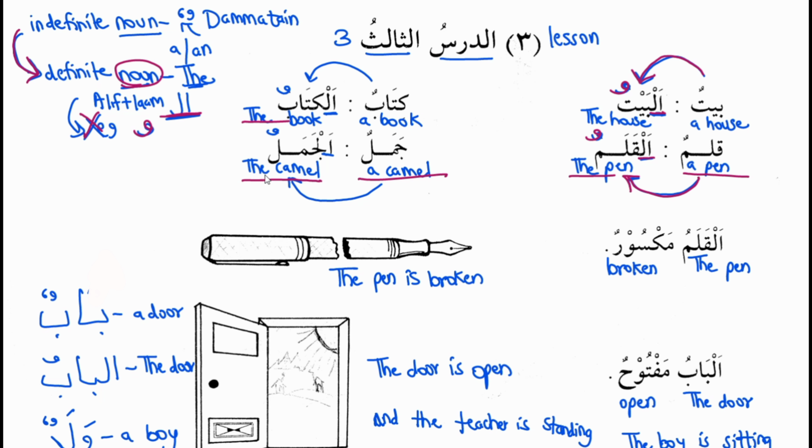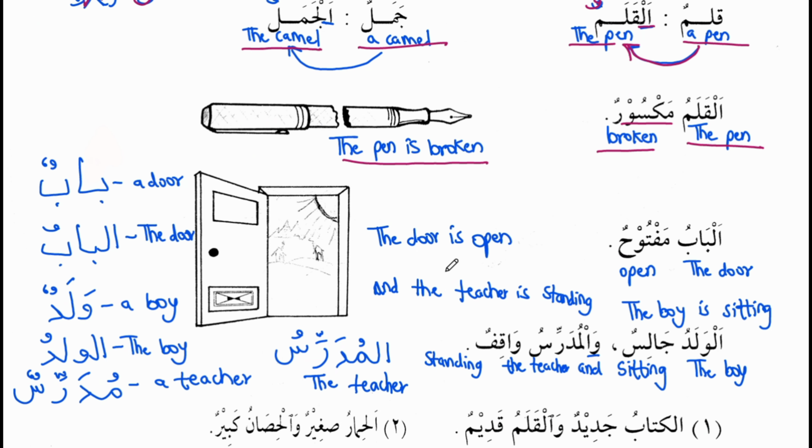Now the sentence here, Al-qalamu maksurun. Al-qalamu means the pen. Maksurun means broken. Al-qalamu maksurun means the pen is broken. After that, Al-babu maftuhun.